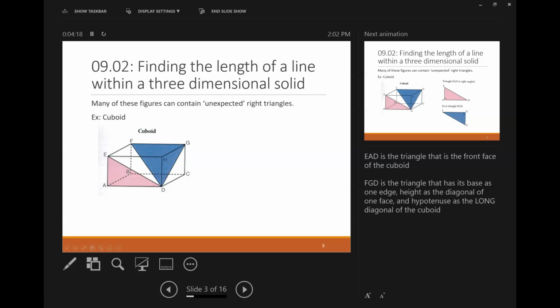So I know that the edges of my box meet at right angles, right? So this segment FG is going to meet the plane GHDC at a 90-degree angle. So it's also going to meet the segment inside of that plane, GD, at a right angle. Is everybody okay with that idea?